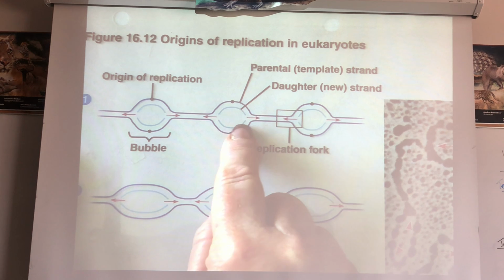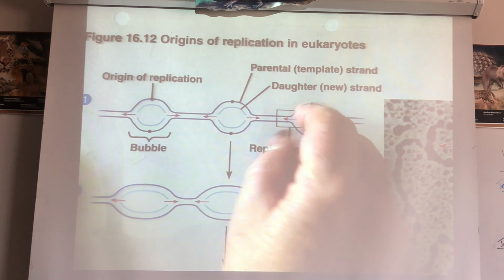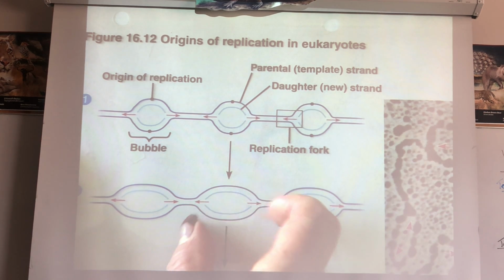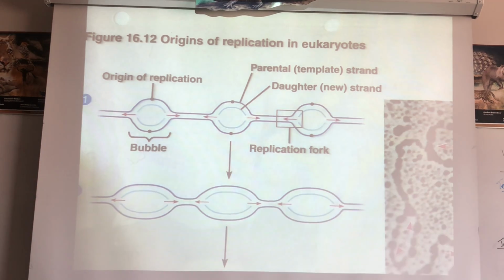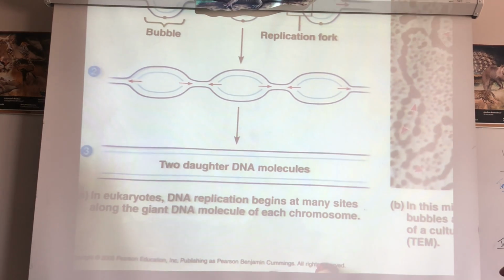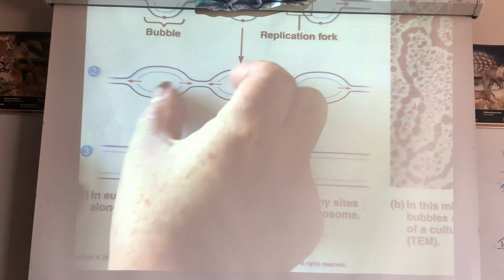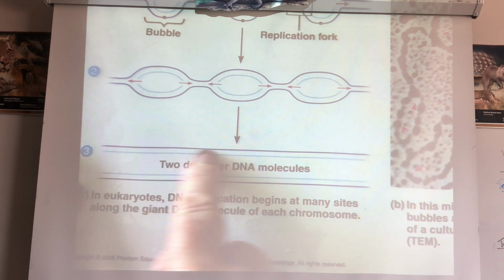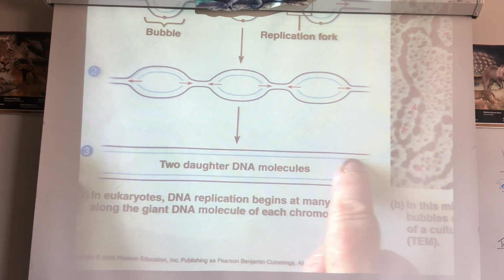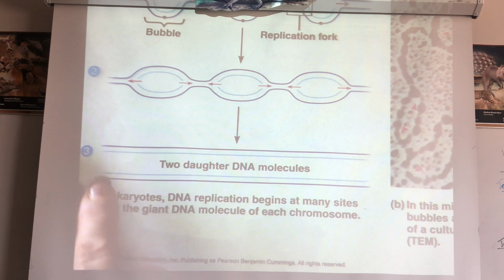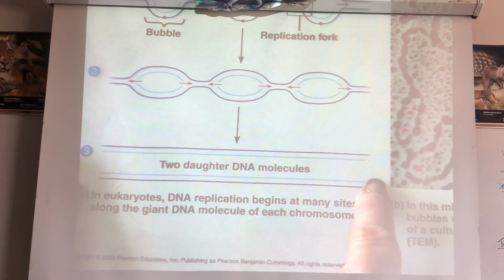So new bases always get added to the inside. And then as time goes by, the bubbles just get bigger, okay? And then finally, they just fuse into each other. So you've always got original DNA on the outside, new DNA on the inside. Original DNA on the outside, new DNA on the inside.